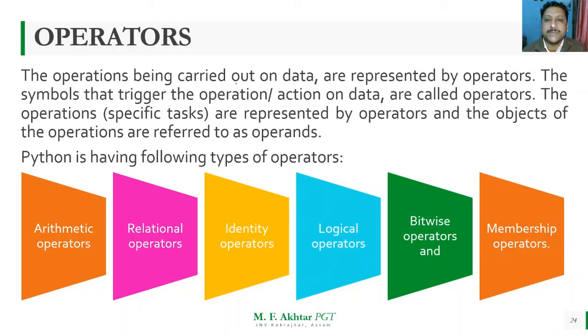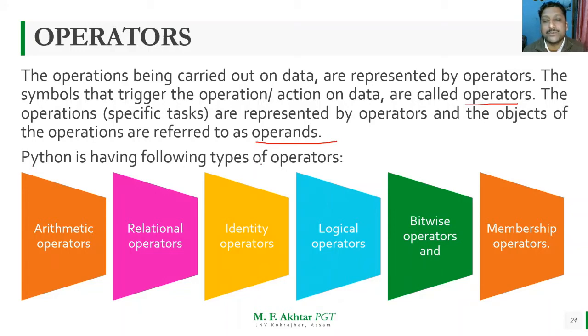The operations being carried out on data are represented by operators. The symbols that trigger the operation action on data are called operators. The operations' specific tasks are represented by operators, and the objects of operations are referred to as operands.